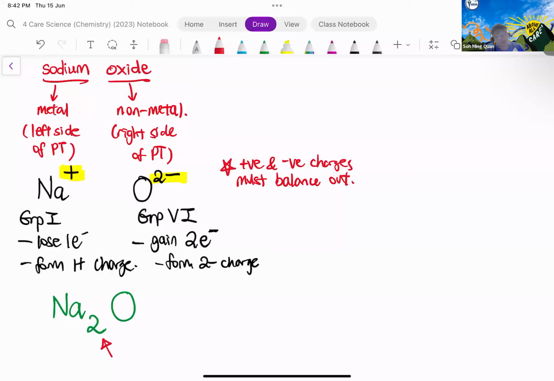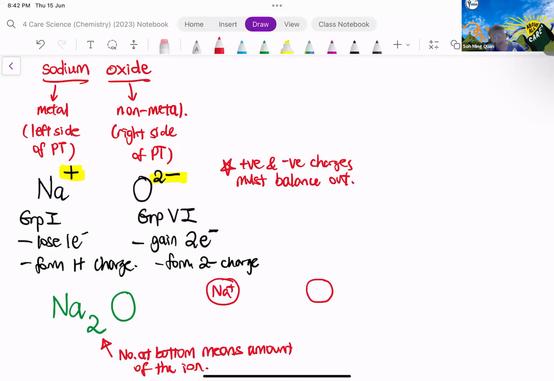So what is the number at the bottom? The number at the bottom means the amount of the ion. So what you have in this case is 2Na plus and 1 O2 minus. And that makes full sense.